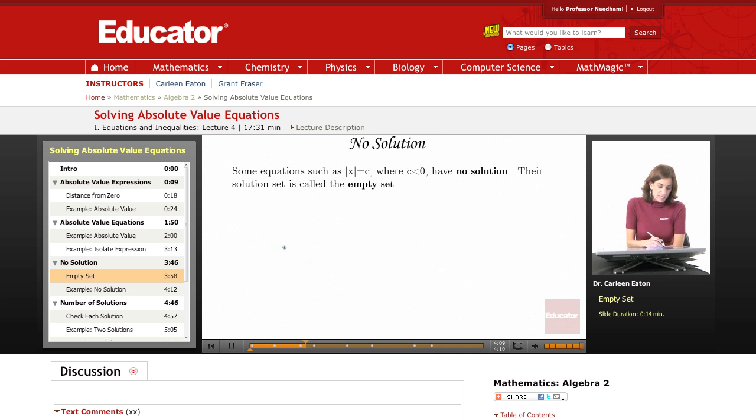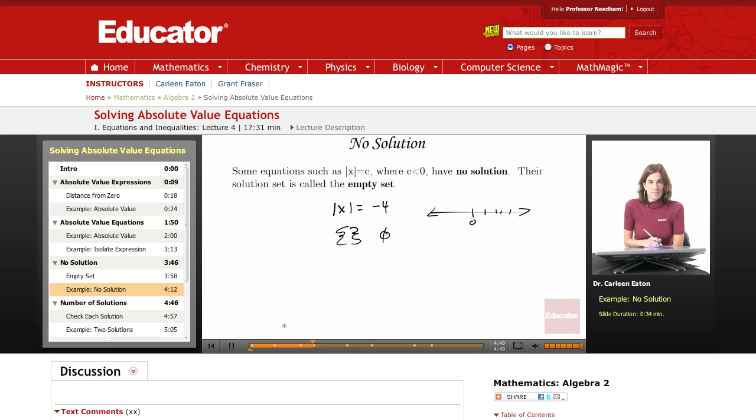To make this more concrete, if I said the absolute value of x equals negative 4, well, there's no situation where an absolute value is going to be a negative number, because remember, absolute value is defined as the distance between that number and 0 on the number line, and you can't have negative distance. So there's no solution here, and we either just write the empty set as such or like this, indicating that there is no solution.